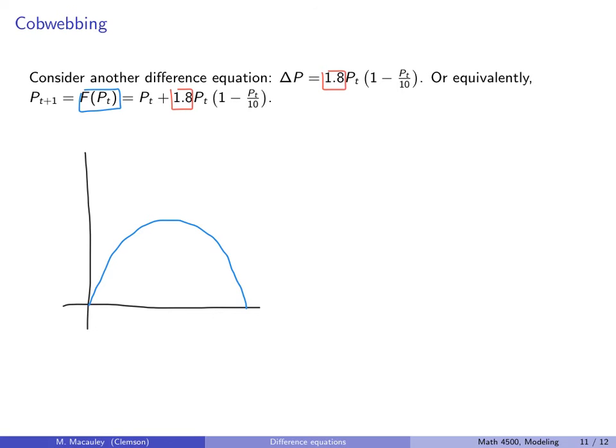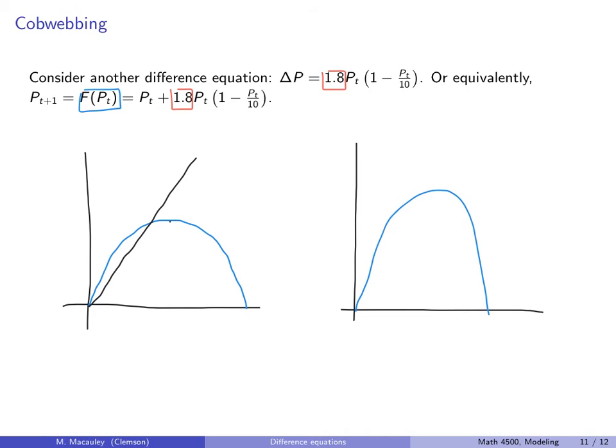And then the line y equals x is going to intersect that parabola left of the critical point. So that was the previous example. And in this example, it's easy to check by plugging it into something like Wolfram Alpha or MATLAB or Sage that you have a parabola that is taller and skinnier. And so when you draw the line y equals x, it intersects on the right-hand side.